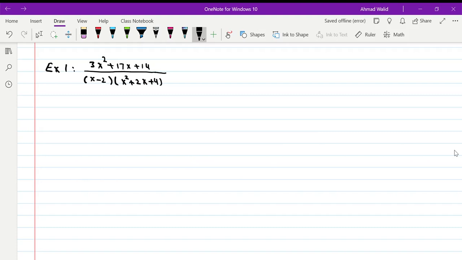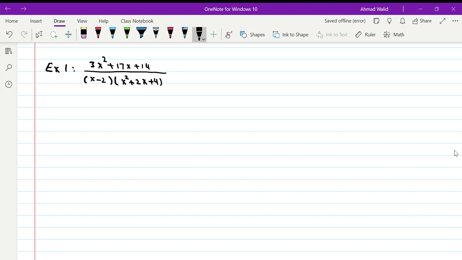Look at the denominator. X squared plus 2x plus 4 is quadratic, but you cannot factor it anymore. It's a prime quadratic. Now, how to set the partial fractions?